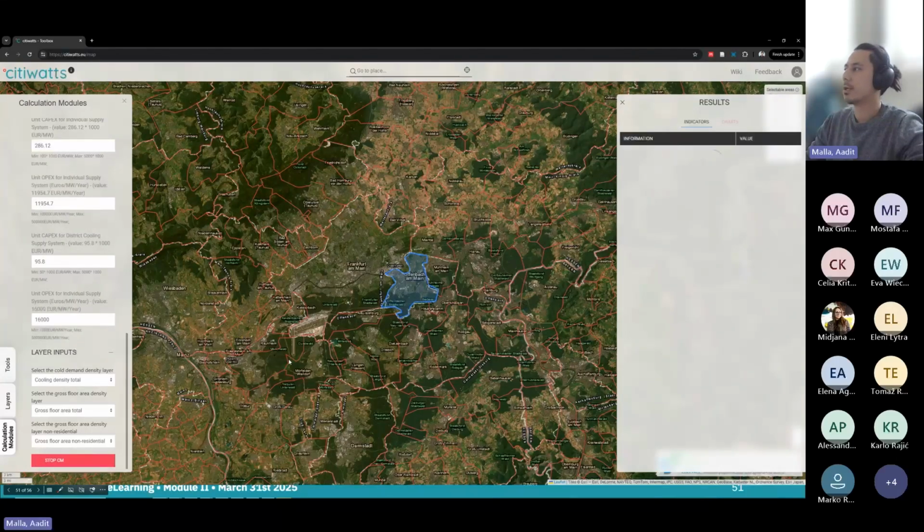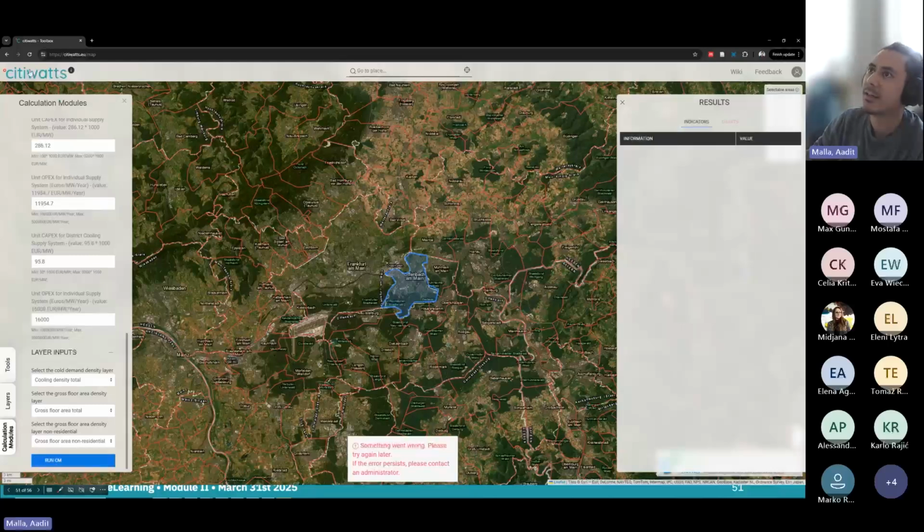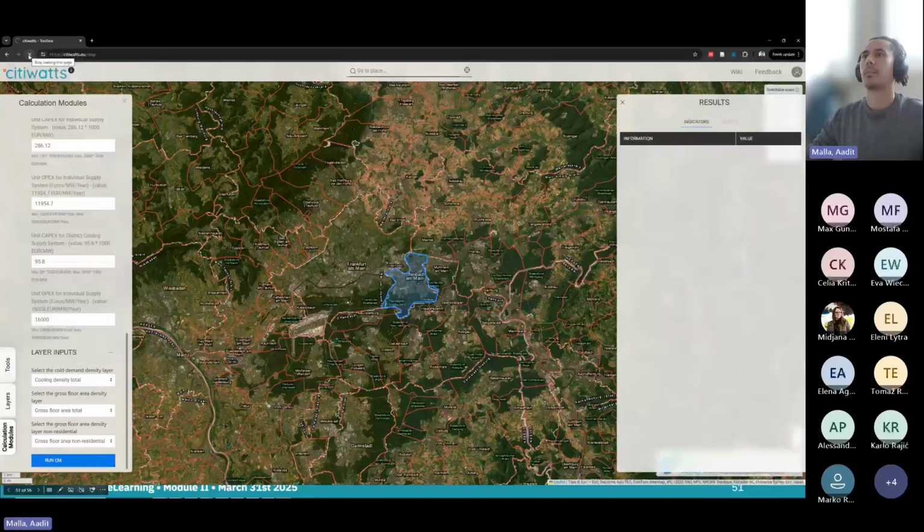Since the calculation is being done on a hectare level, it largely depends on the time it takes to run. Okay, it's not working. Let me just refresh it to be sure. As I was saying, the runtime depends on the location and how big the area is.